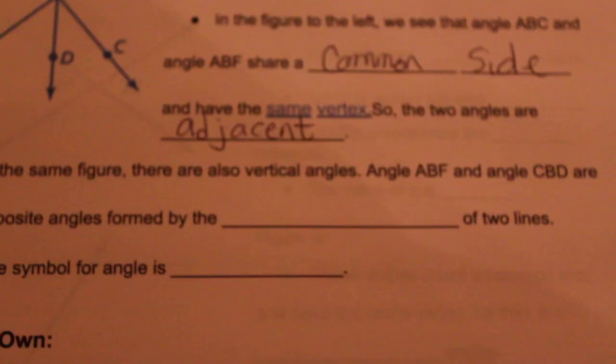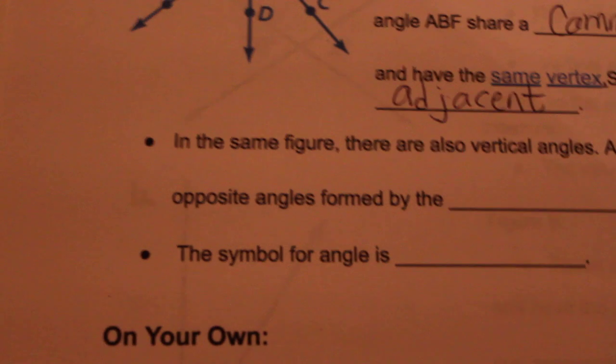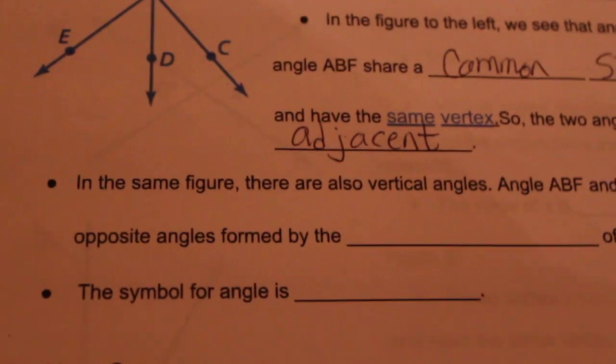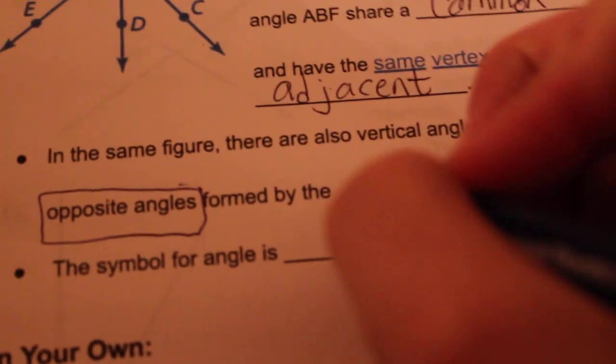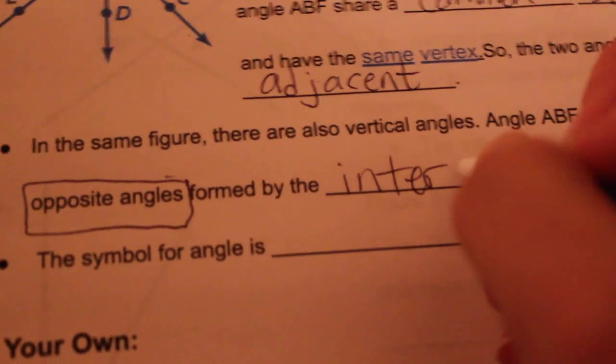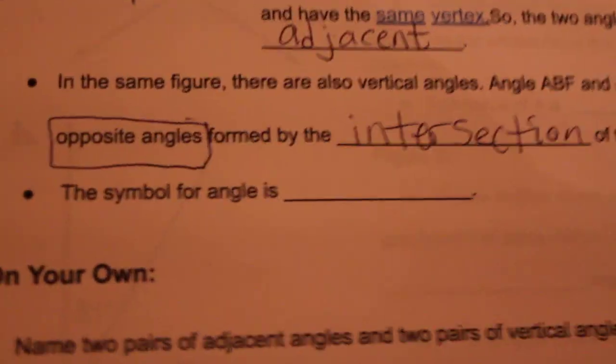In the figure, there are also vertical angles. Angle ABF and angle CBD are opposite angles formed by the intersection of two lines.